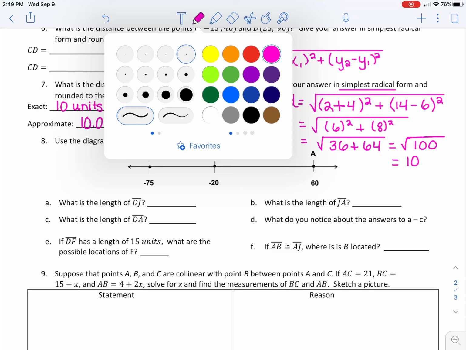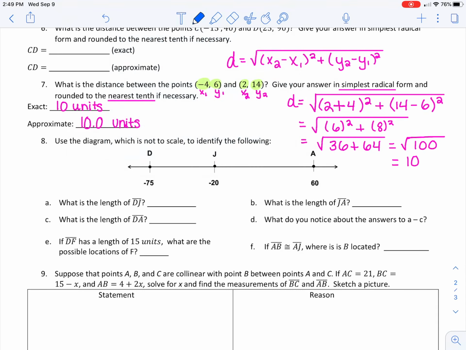Let's move on to number 8. This one is where it can get a little tricky, just remembering what you're supposed to do with these. So we want to know the length, and basically we're just given a number line. Whenever we find the length, we're looking from D to J. And what we're going to do is subtract the 2 and basically take the absolute value.